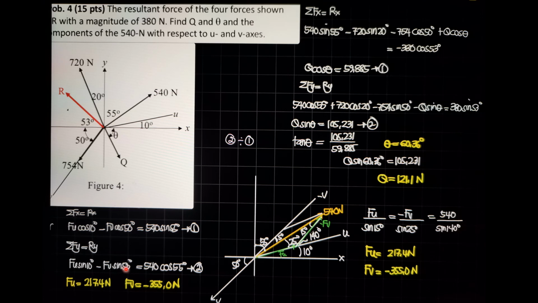Then equated to the y component of 540, which is positive, 540 cosine of 55 degrees. So call that equation 4. Solving these two equations simultaneously, we obtained FU 217.4 newtons and FV negative 355.0 newtons, equal to the previous answer. So that's it for this video.